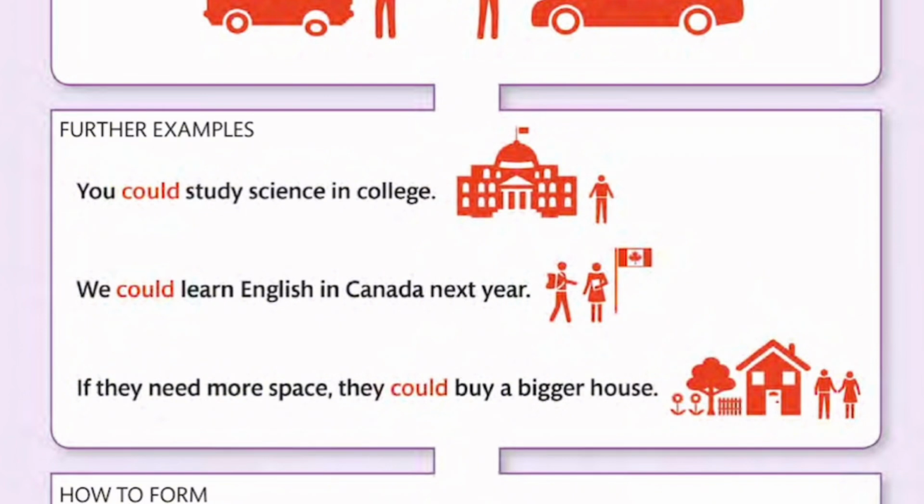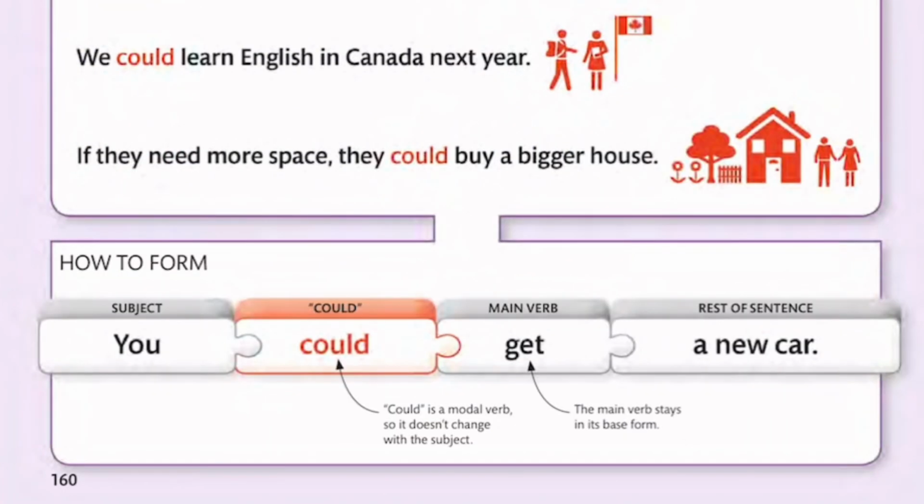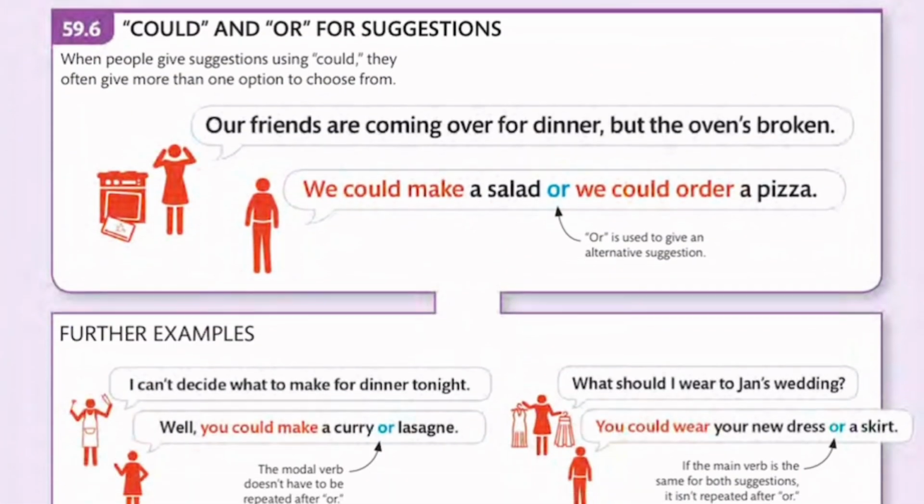You could learn English in Canada next year. If they need more space, they could buy a bigger house. How do we form it? Your subject, then could, which doesn't change irrespective of the subject, then your main verb in base form, and the rest of the sentence.